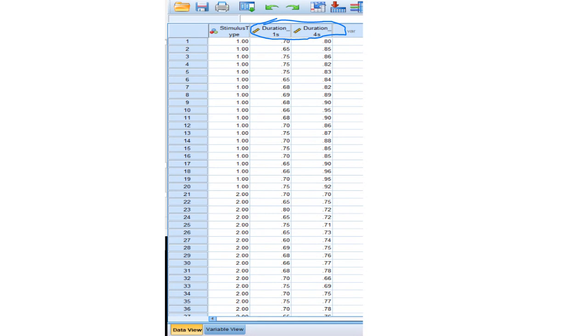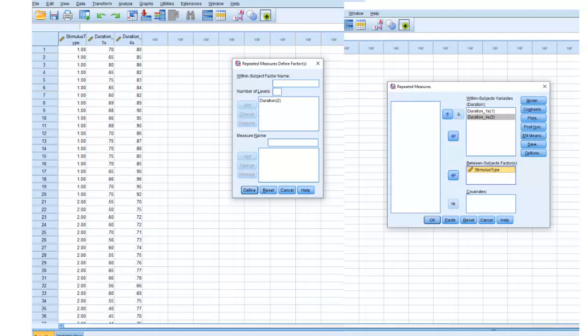So just make sure when you're setting up your data file that it's correctly set up that way. And then how do you go to the repeated measures? Basically you go to analyze and then repeated measures. And so SPSS shows you our between subject variable was stimulus type, our between subject factor, and our within subject variable was duration.